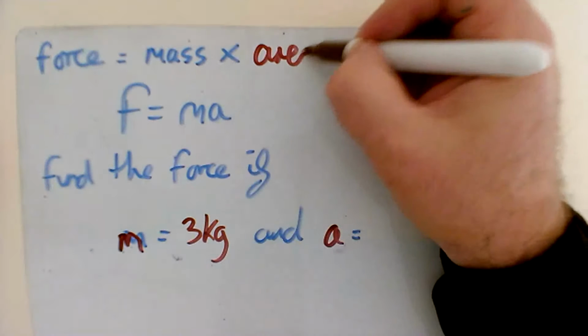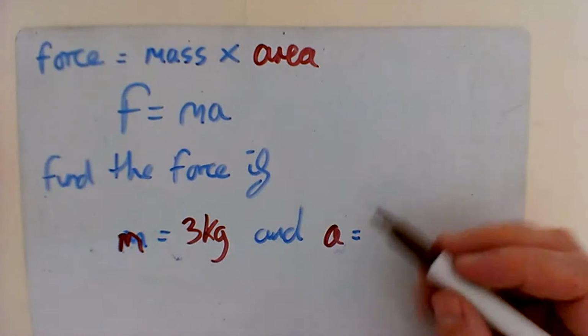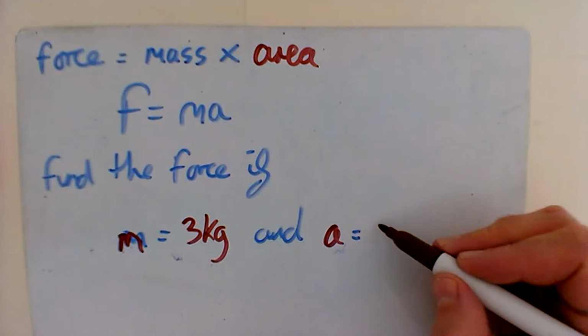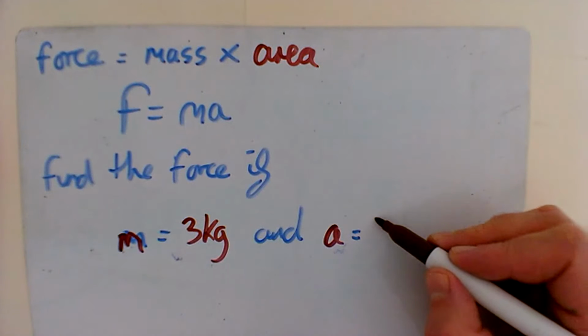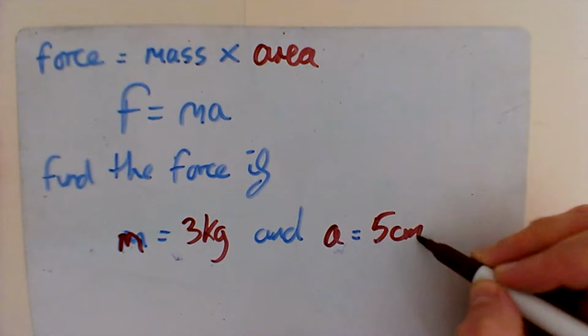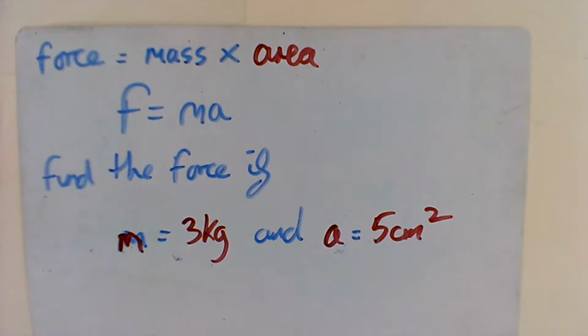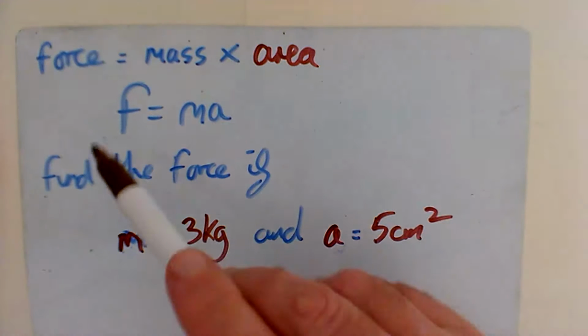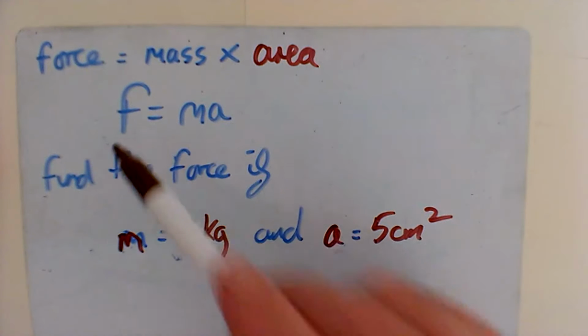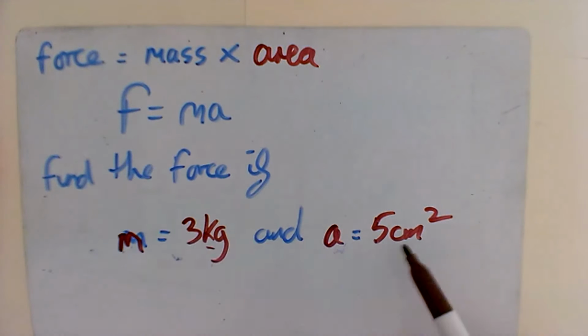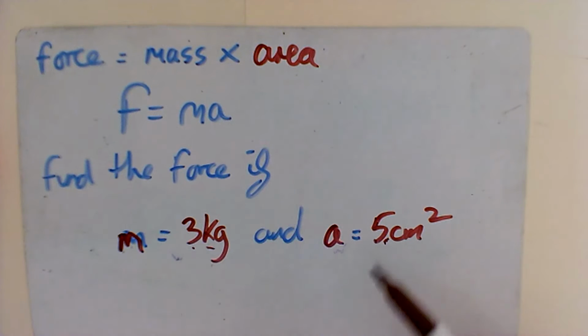Sorry, my mistake. And the area is, we'll just call it 5 centimeters squared. So if we want to find out what the force is, we take the mass and we times it by the area. So this becomes 3 times 5, 15.